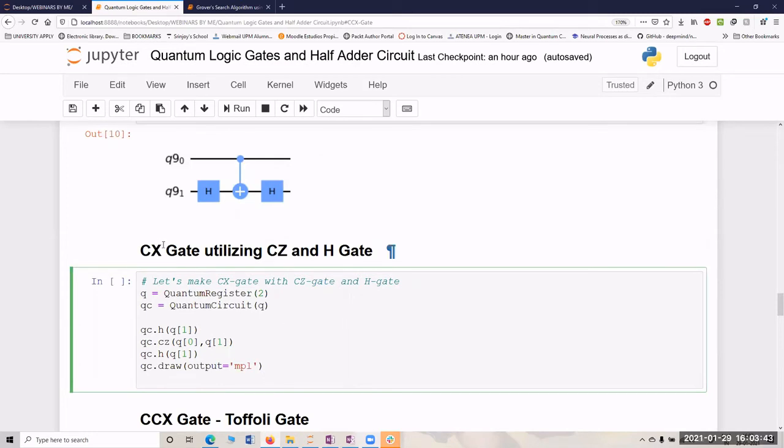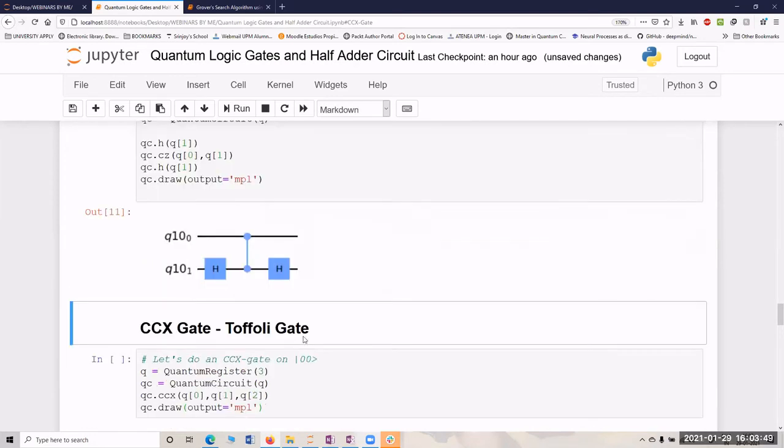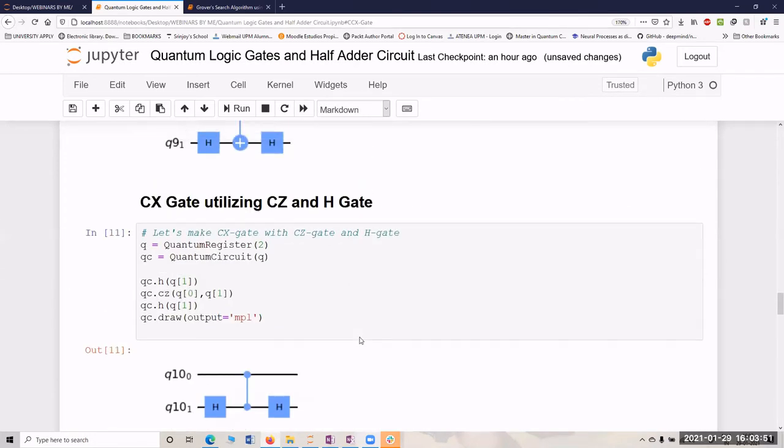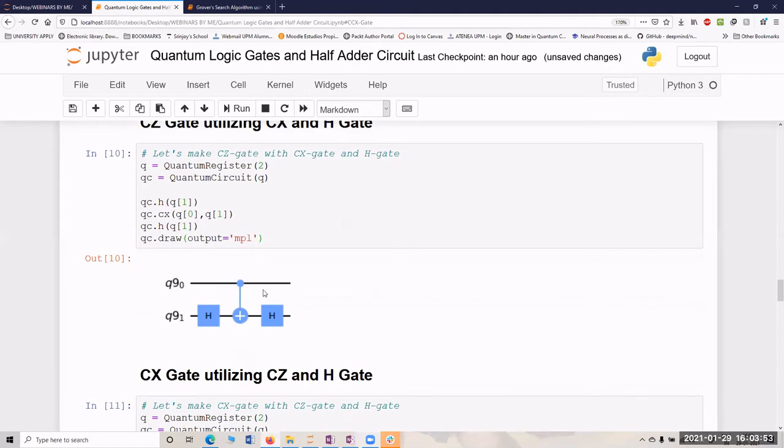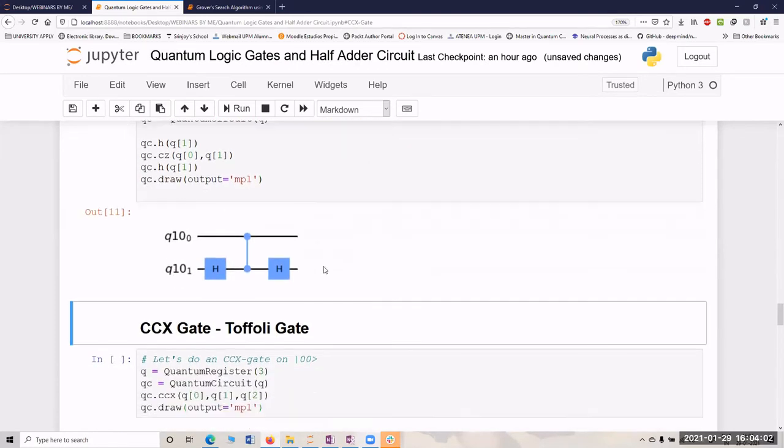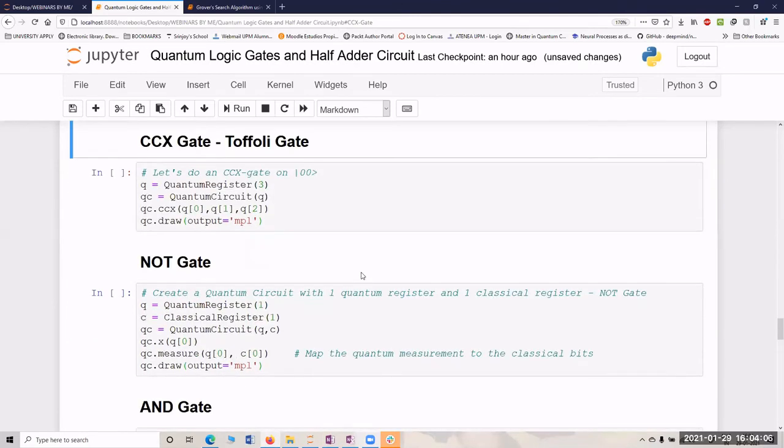You can create the CX gate utilizing the controlled Z gate and the Hadamard gate, and the circuit will look as follows. So these are some different ways of creating all those controlled gates with the help of other gates. It's like a combination of single-qubit and multi-qubit gates.